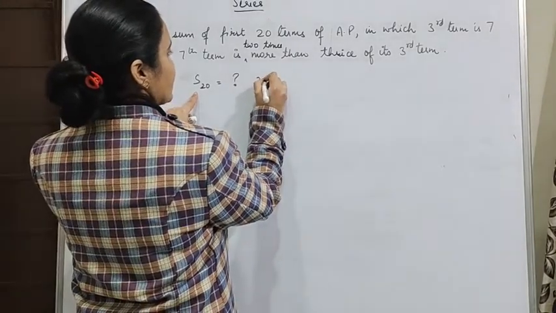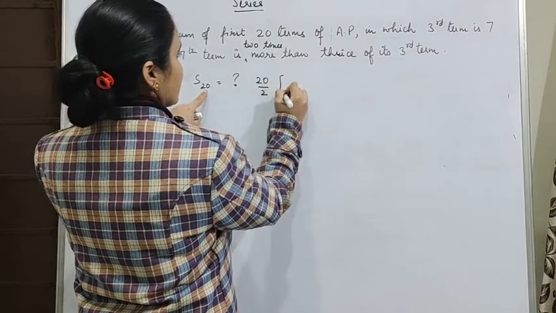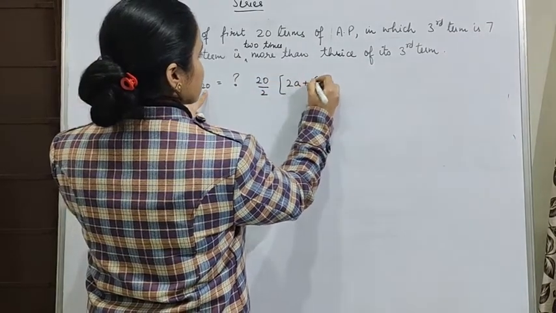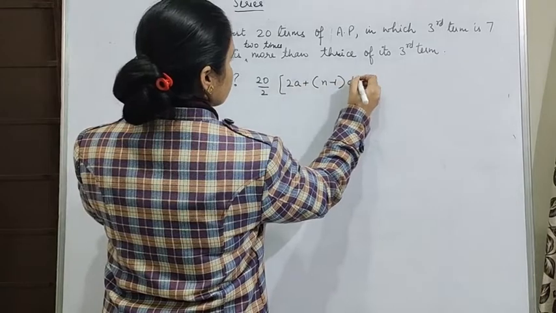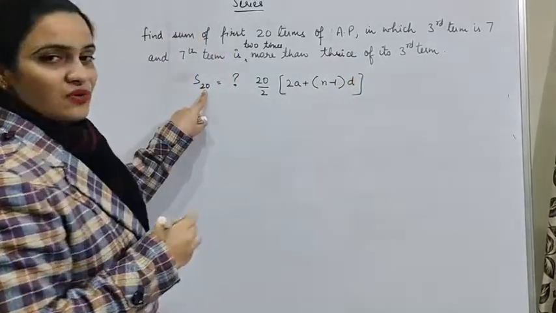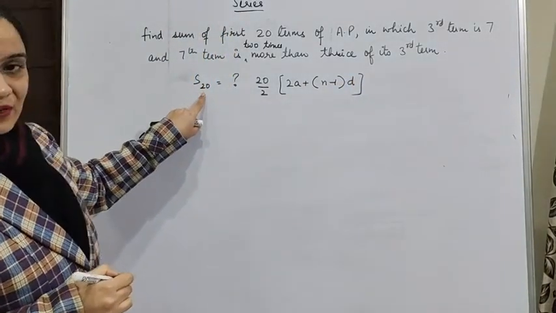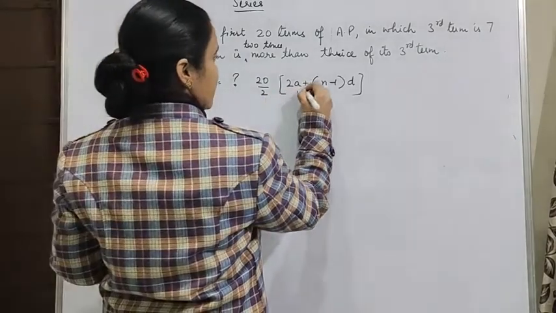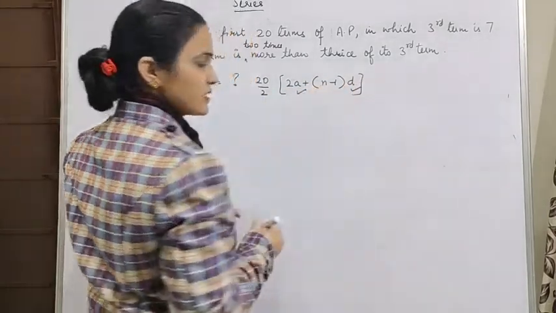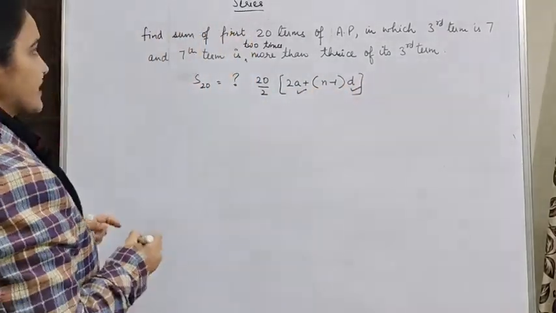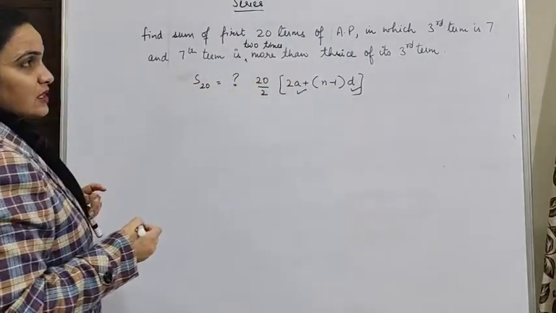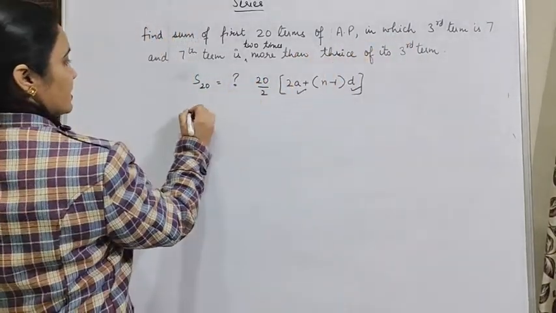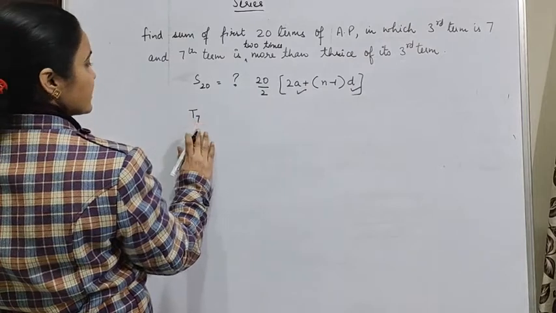Formula is 20 by 2, n is 20, 2a plus n minus 1 times d. So to find sum of first 20 terms, we need to find value of this a and value of this d. Clear? So let us now use the given condition. Third term is 7.